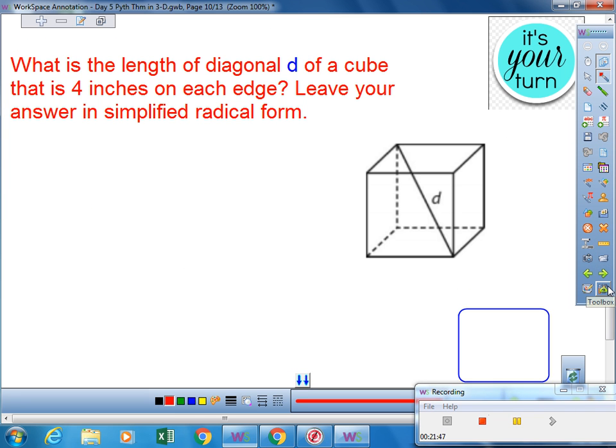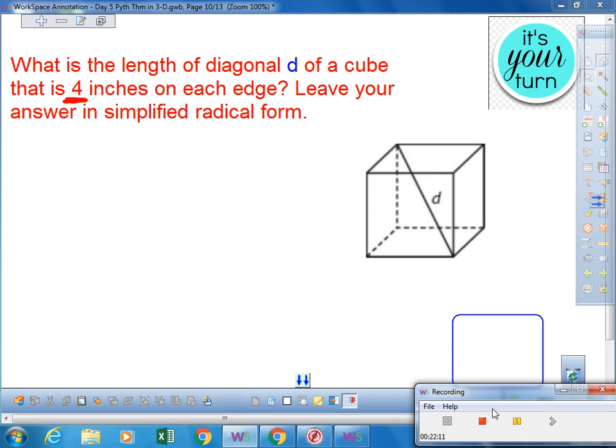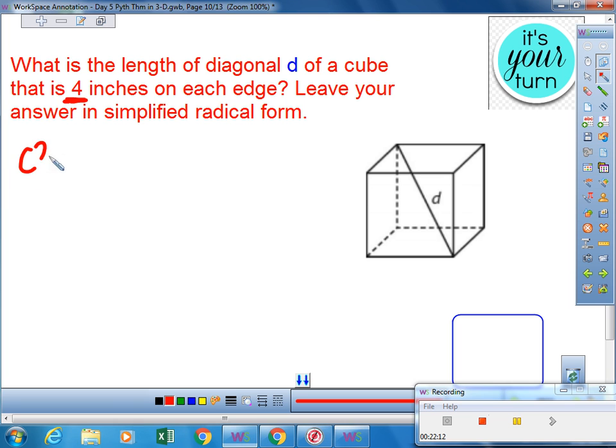Okay, last one. Last one, except what's my dimension? 4 inches. It's a cube, 4 inches. So last one, let's go. A squared plus B squared. The dimensions are 4, 4, and 4.